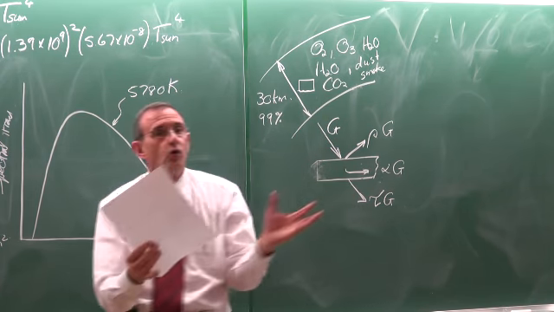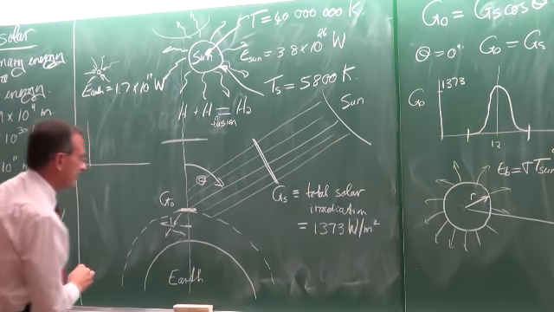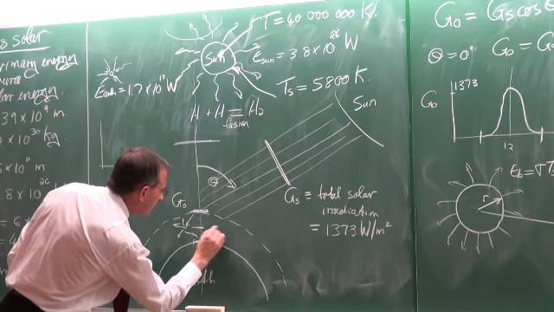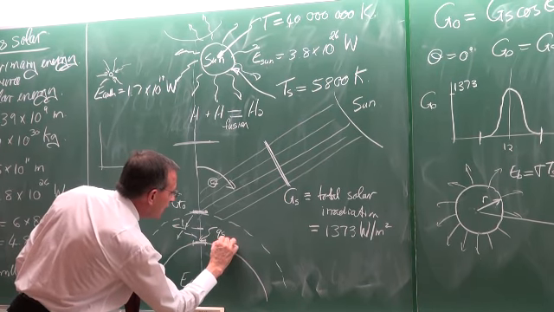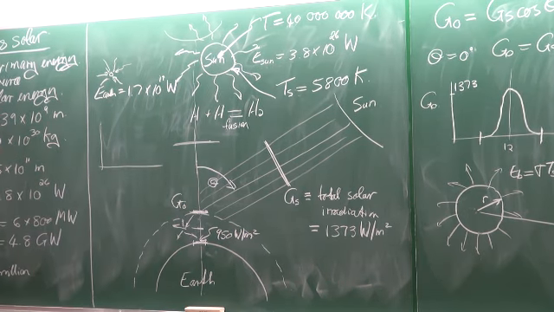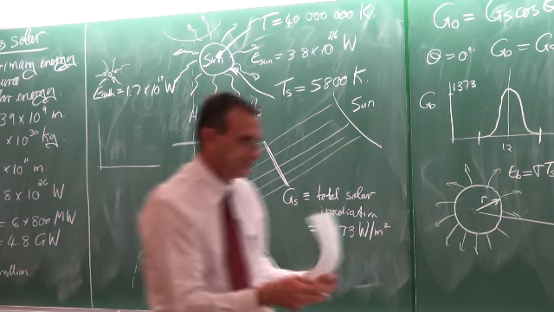So the fact that you have all these molecules and gases in the atmosphere causes lots of reflection. And the result is typically that on the surface of the Earth, the average that gets through is about 950 watts per square meter.